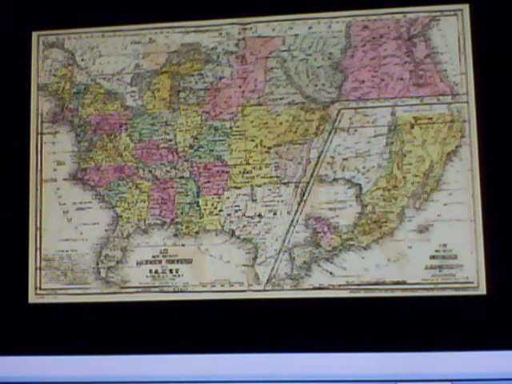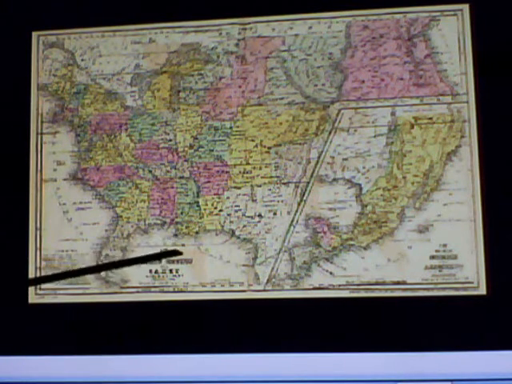Here we have this 1839 or 1829 map, and again, scholars have for many years been trying to figure out what this stands for. Why are these lands divided and cut the way they are? What is the symbolic message behind it all?